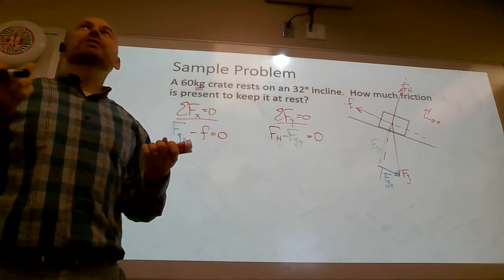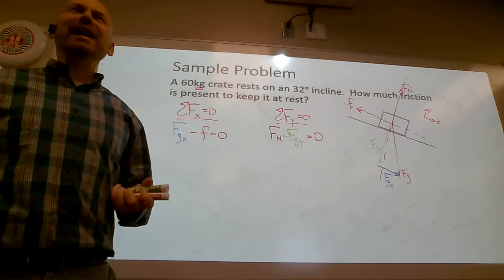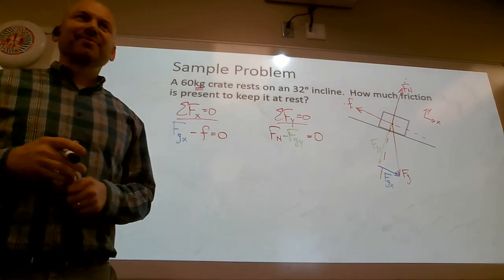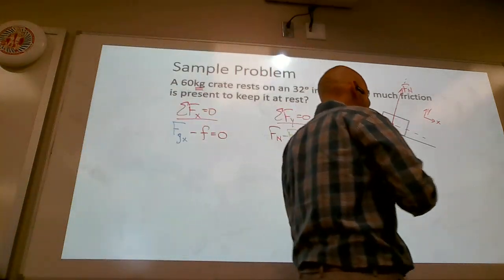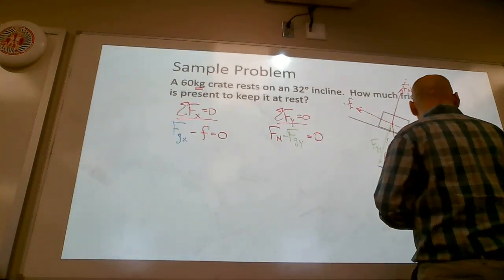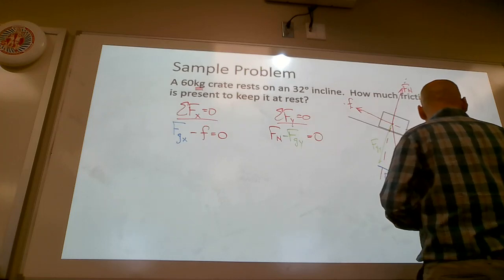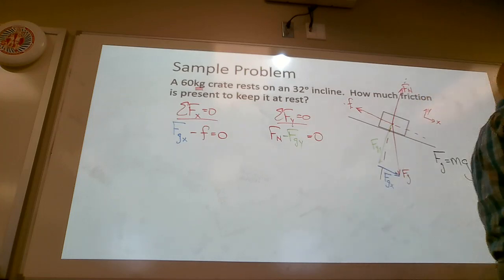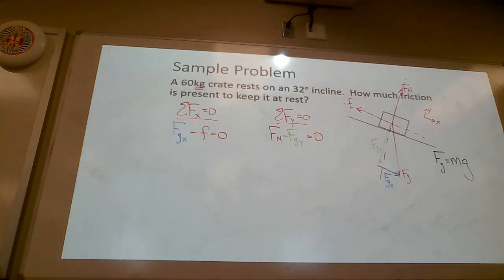How do I find force of gravity from mass? Well, we just did it. Force of gravity is equal to mass times 9.8. Okay? So use that. We're going to convert kilograms to newtons.